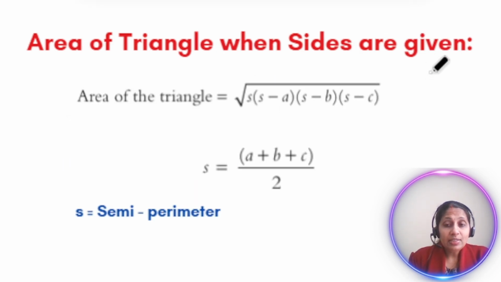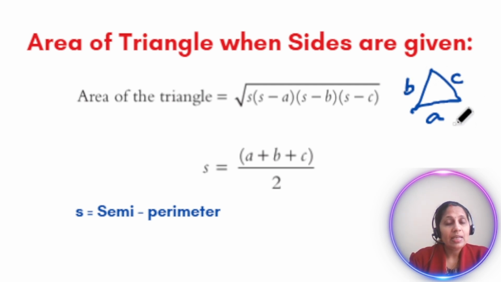Now, if a triangle is given, instead of its base and height, if they are giving you the three sides A, B, C, even then you can find the area of the entire triangle by using this formula: square root of s into s minus a into s minus b into s minus c. What are these A, B, C?